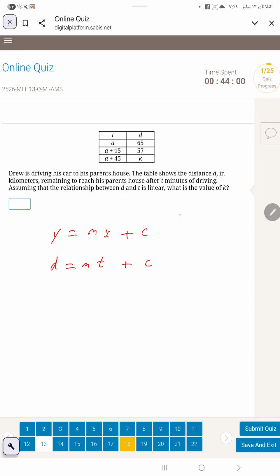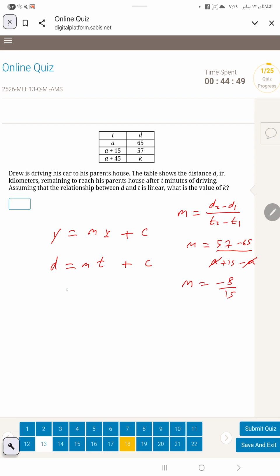M is the slope, which is y2 minus y1 over x2 minus x1. But now we'll do it d2 minus d1 over t2 minus t1. So m is equal to 57 minus 65 divided by a plus 15 minus a. And that will be, after you simplify the a's, negative 8 over 15.